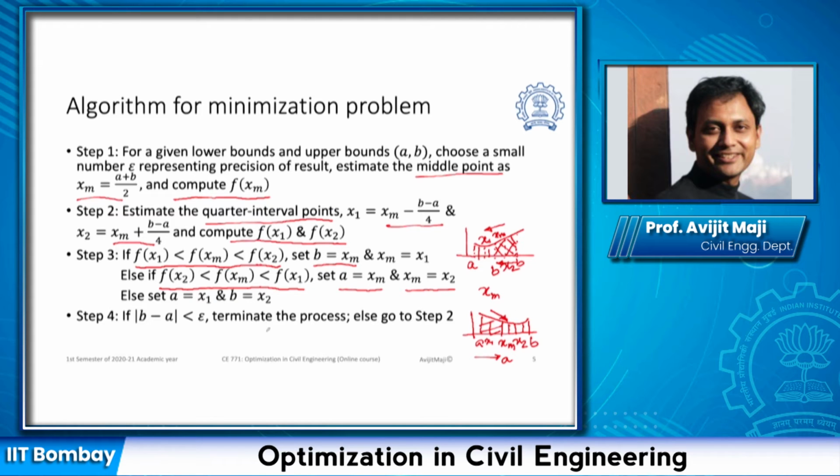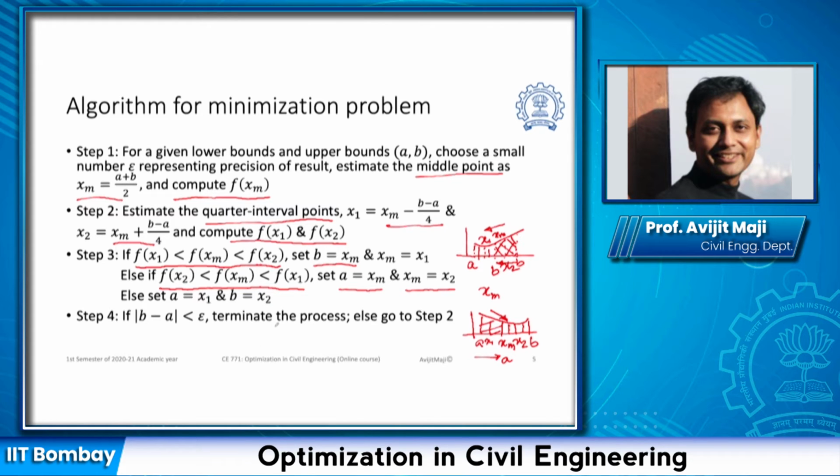If neither of this happens, then basically we are saying that the objective function at the middle point is lower than the objective function obtained at the 2 points on either side of the middle point.